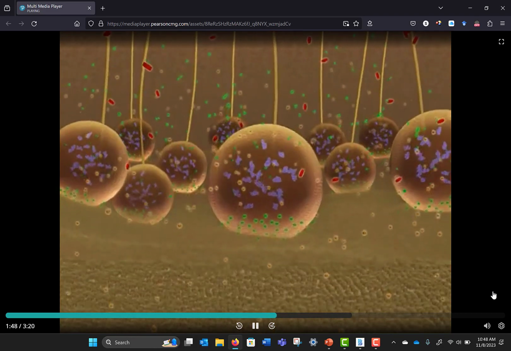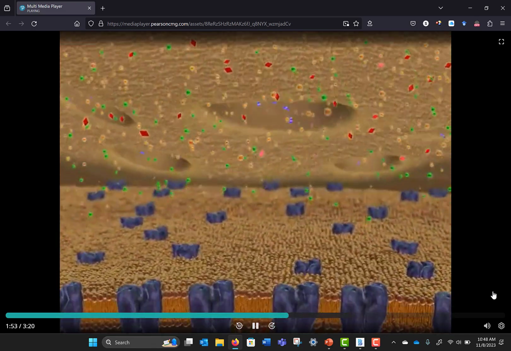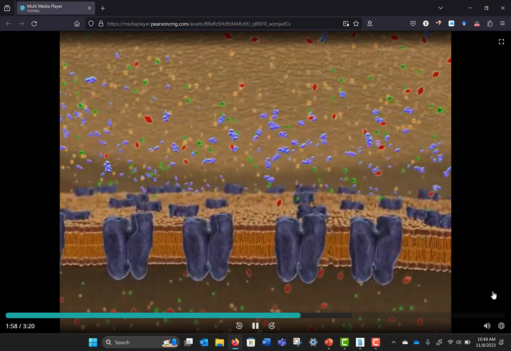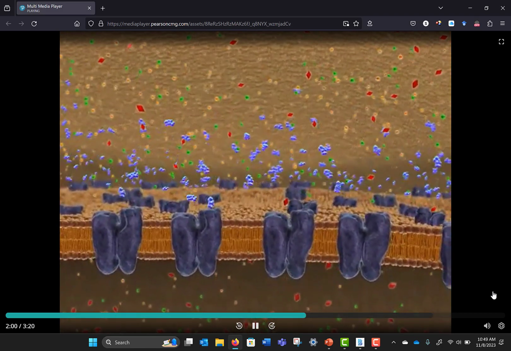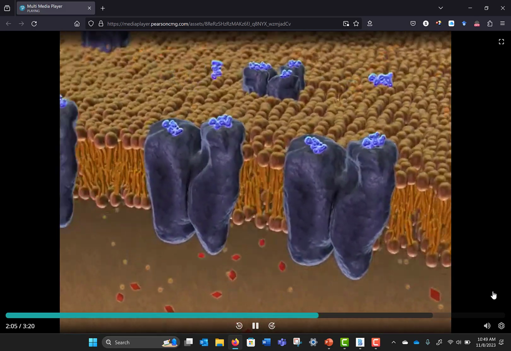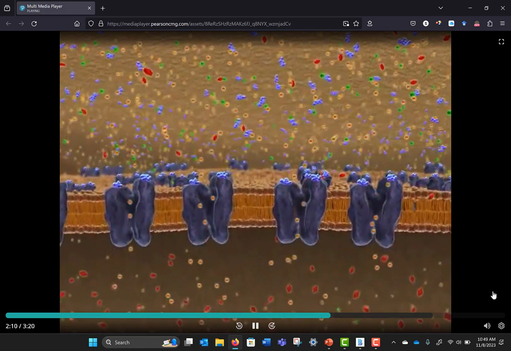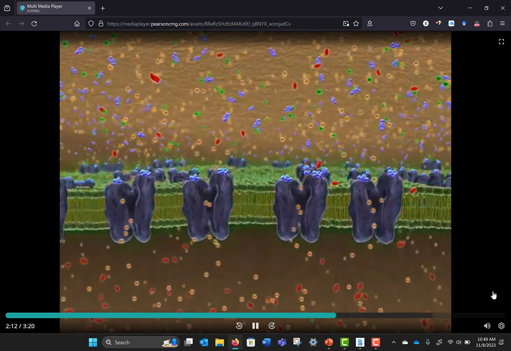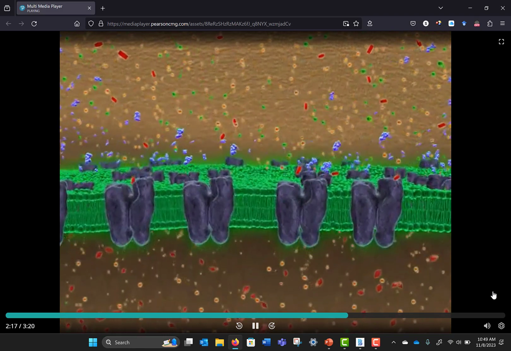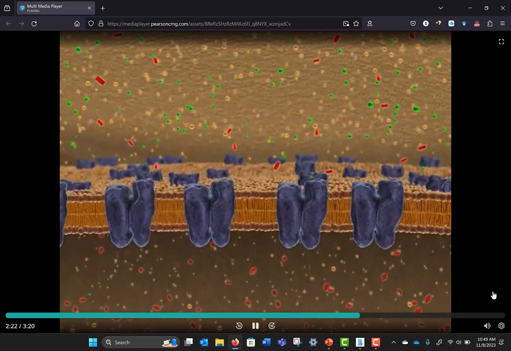This causes the vesicles to fuse with the plasma membrane of the sending neuron, releasing neurotransmitters into the synaptic cleft. The neurotransmitters diffuse across the synaptic cleft and bind to receptors in the plasma membrane of the receiving neuron. Here, the receptors are ion channels that open. Ions move across the membrane, changing the distribution of charge across the membrane. The neurotransmitters are quickly removed from the synaptic cleft, ending their effect on the receiving neuron.